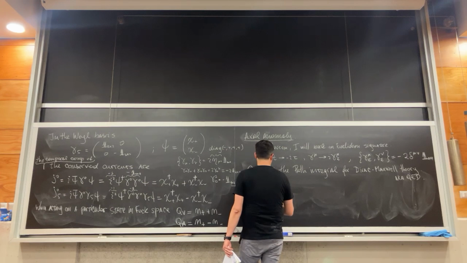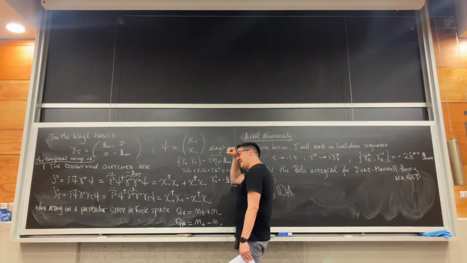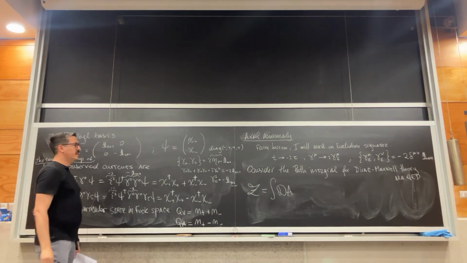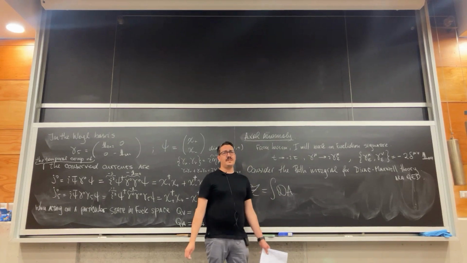And the path integral is integration over all paths. For simplicity, I will neglect all the Faddeev-Popov determinant and subtleties that you need to take into consideration when considering gauge fields.